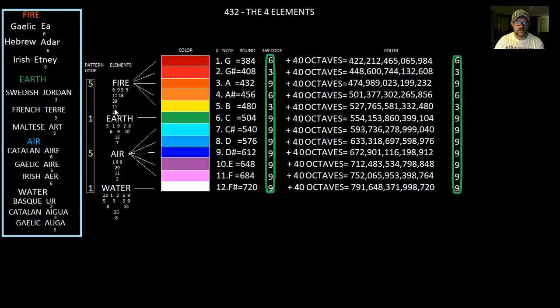So all I'm pointing out is that it's good that you've got 3s, 6s, and 9s in these other languages. The Basque word for water is right there. It goes to 3, 3, and 3, Catalan and Gaelic. But that's what I mean. I'm just trying to show that even other languages, I believe, code the word more properly and better than what is shown with fire, earth, air, and water.